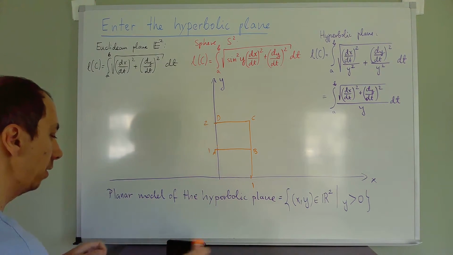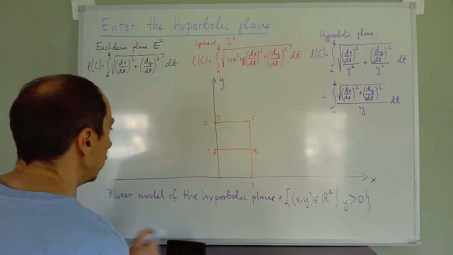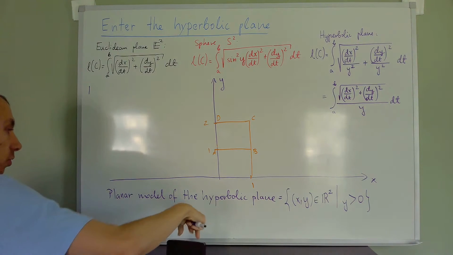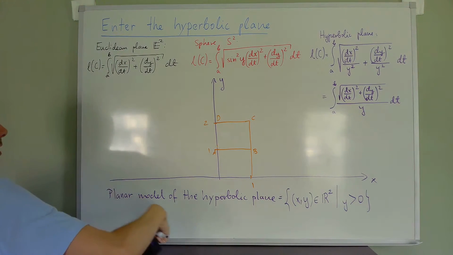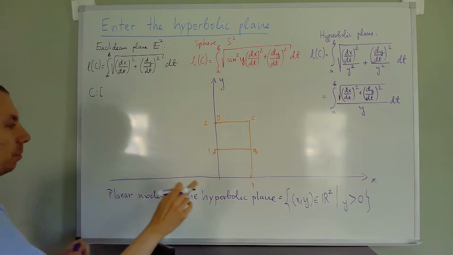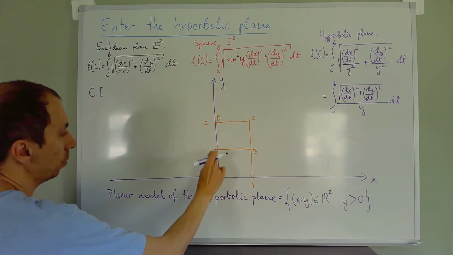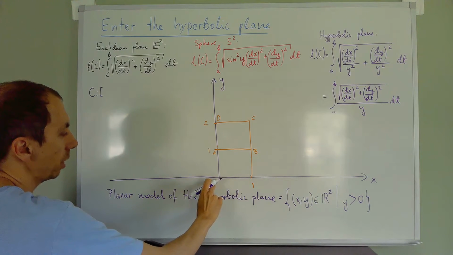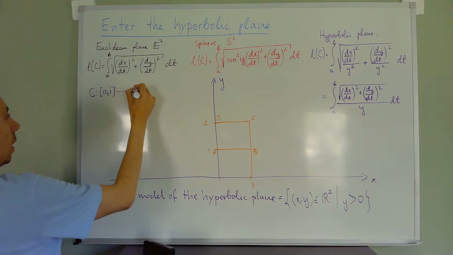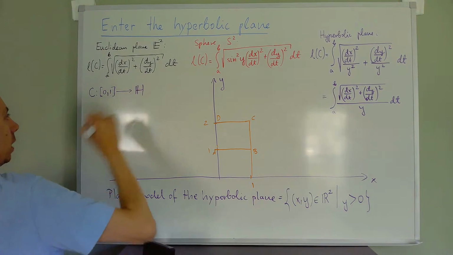Let's compute the various lengths. First the AB. I don't want to say that this is the distance between A and B, so I'm just going to take a curve, and I'm going to parameterize it the simplest way possible. Because I want to go from A to B, I'm going to parameterize it as going from 0 to 1 into the hyperbolic plane.